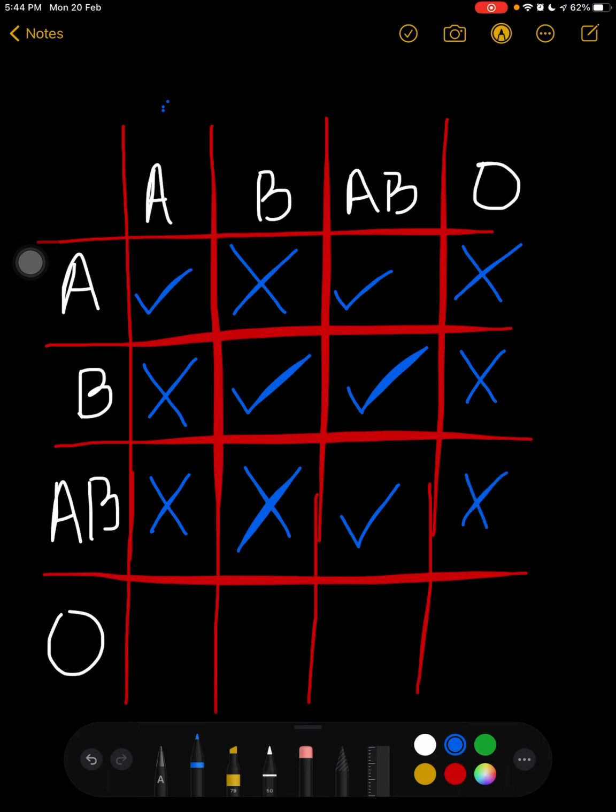Can O be given to A? In A we have antibody B, and O doesn't have such antigens.